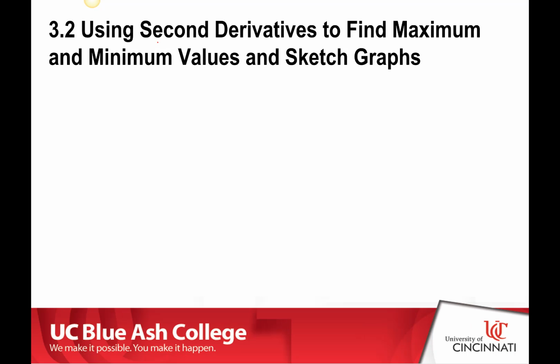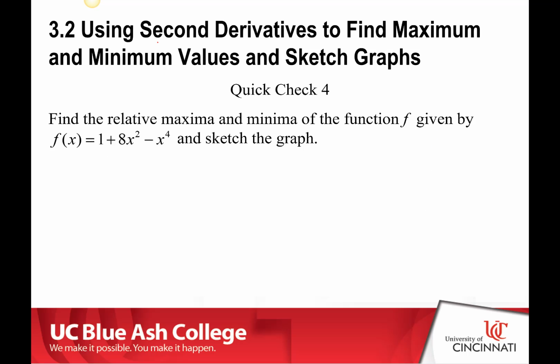Okay, so let's see what's going on with this one. Find the relative max-mins on 1 plus 8x squared minus x to the 4th, sketch the graph. As before, we're going to click through the same steps. Chapter 3 is kind of nice in this respect because it's always the same steps. Roll in a different function, same steps. They all get treated the same.